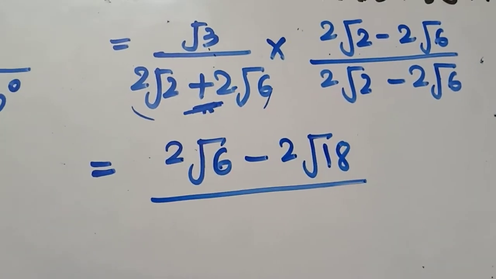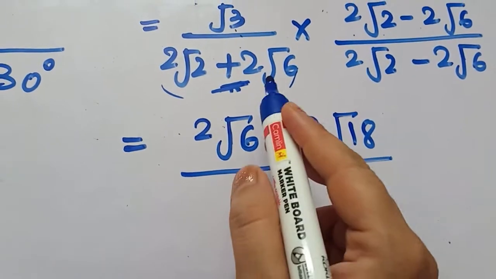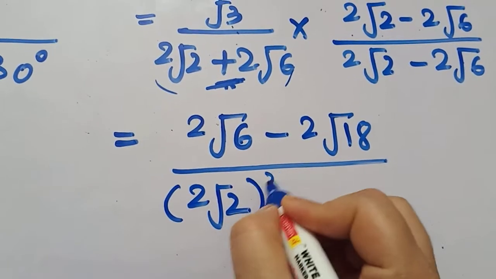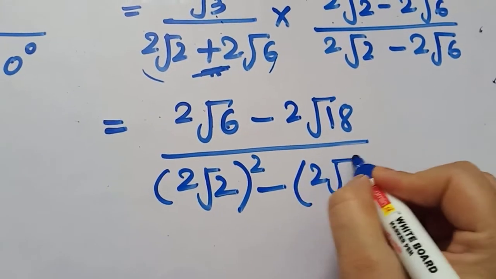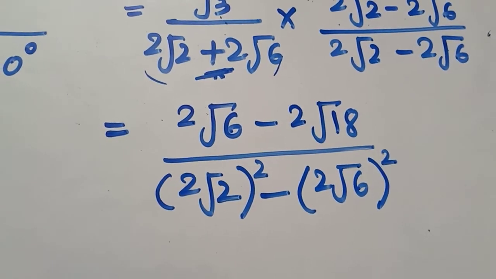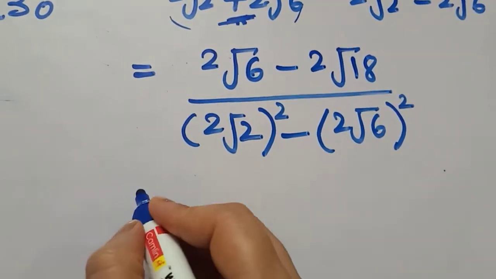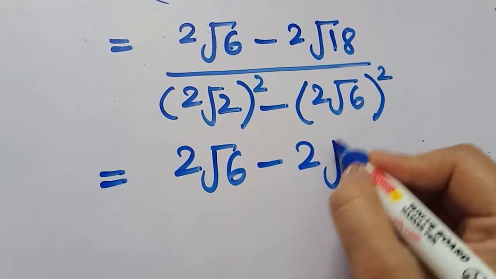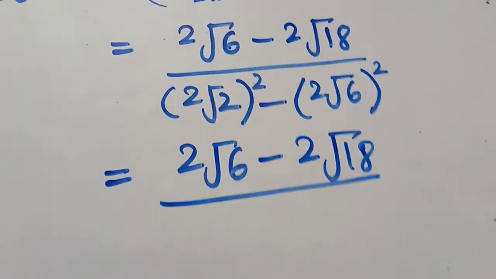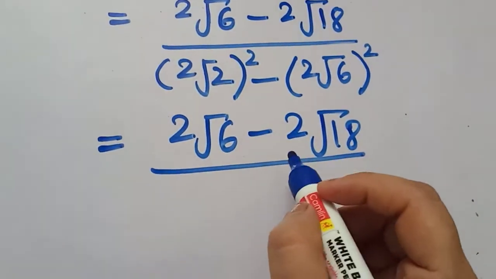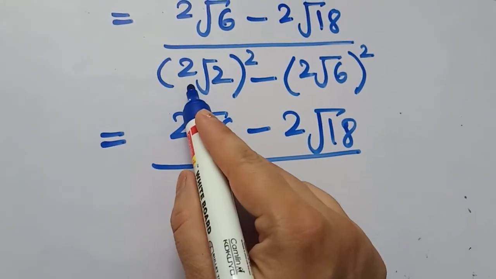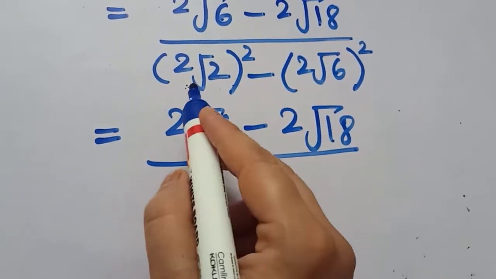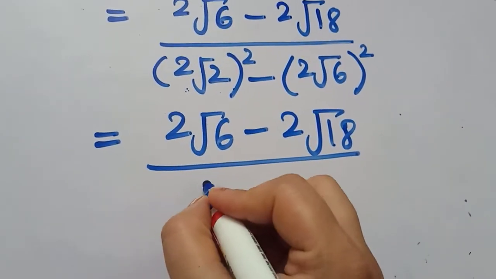Now again in the denominator it is (a plus b)(a minus b), so 2 root 2 squared minus 2 root 6 squared. Now 2 into 2 is 4, and root 2 into root 2 is 2, so we get 8.